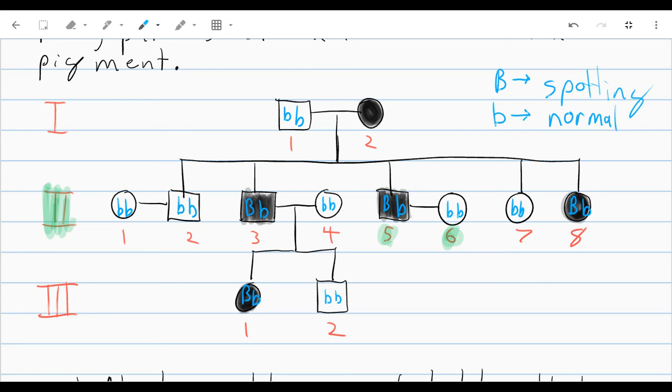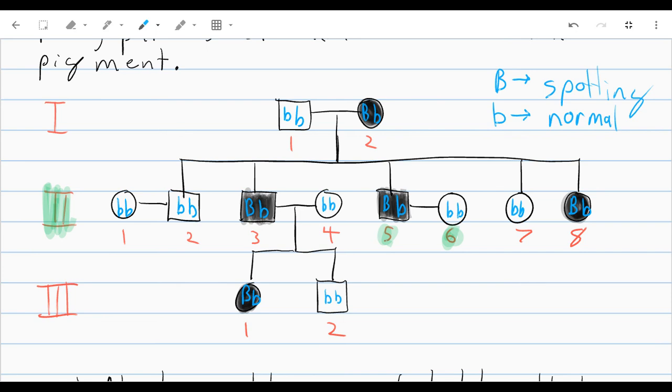Well, 1-2 has 2 children, 2-2 and 2-7, who are homozygous recessive. That means that she has to have a big B because she has the dominant phenotype, and she has to have the little b as well because she has to be able to pass on the little b allele.